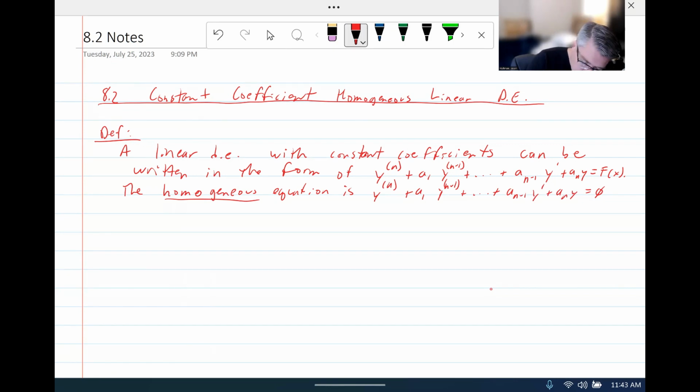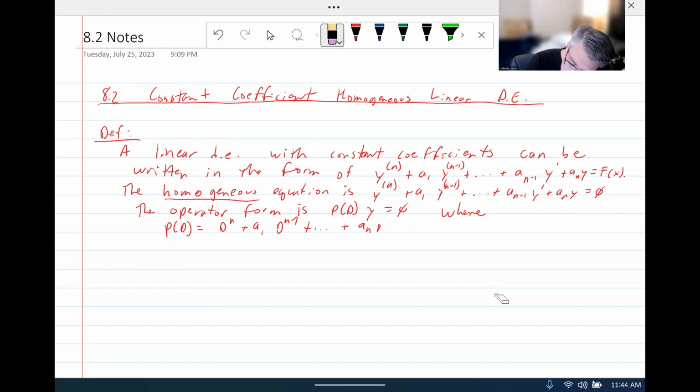The operator form, that D operator we talked about last time, the operator form is P of D y equals 0, where P of D is equal to D to the n plus a1 D to the n minus 1 plus dot dot dot plus a n minus 1 D plus a sub n.